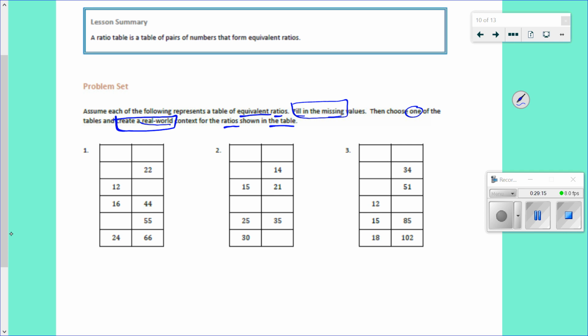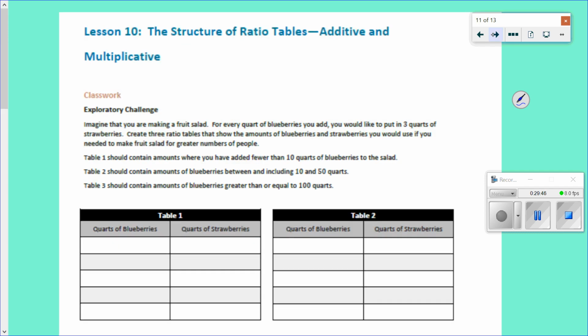You're making a real-world story problem for one of the 3 tables. I'll give you a hint. You're probably going to want to make it about the initial value. Technically, you can use any value in there, but it'll be easier to make the story off of the initial value. So once you have filled out the tables, pick one of them, create a story problem for it. Make sense? Any questions on what you have to do for this piece of the homework? Okay. Let's turn the page. Let's do lesson 10.